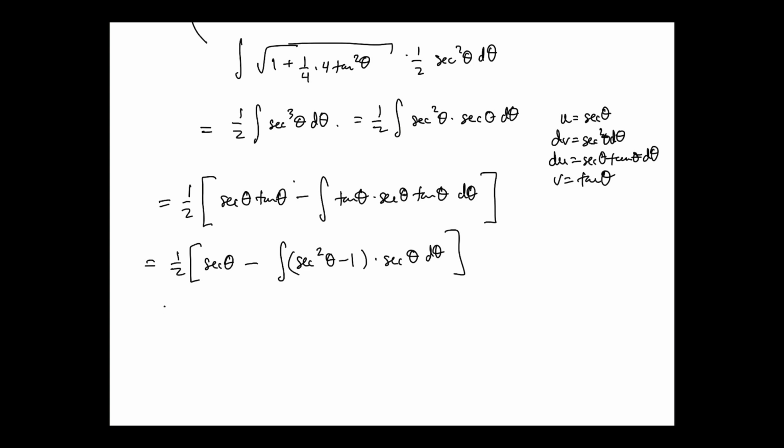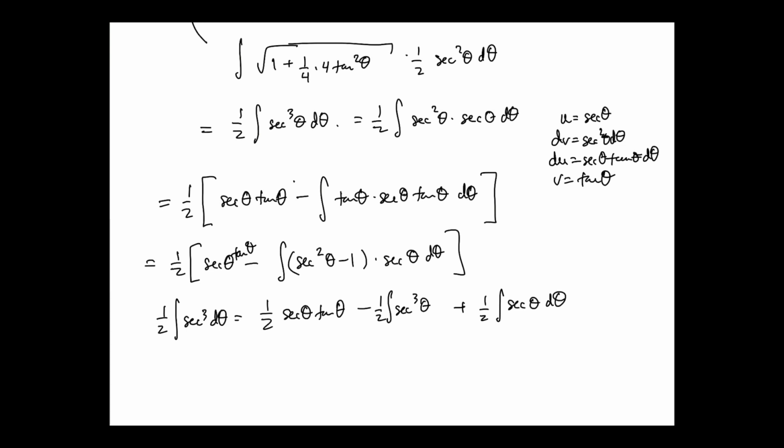Okay, so we have 1/2 the integral of secant cubed d theta is equal to 1/2, oh, I lost a tangent. 1/2 secant theta tangent theta minus the integral of 1/2 secant cubed theta plus 1/2 the integral of secant, sorry. And so I'm going to add the secant cubed to the other side.